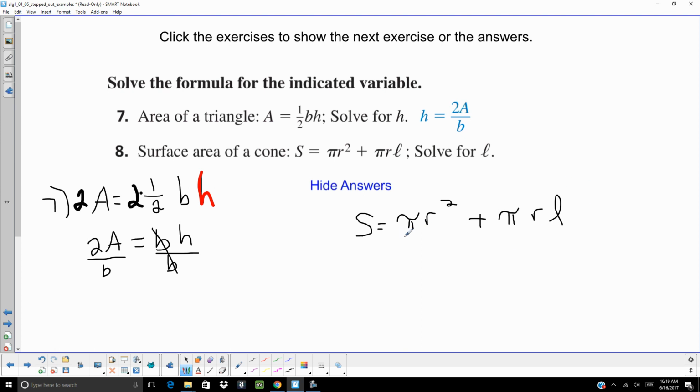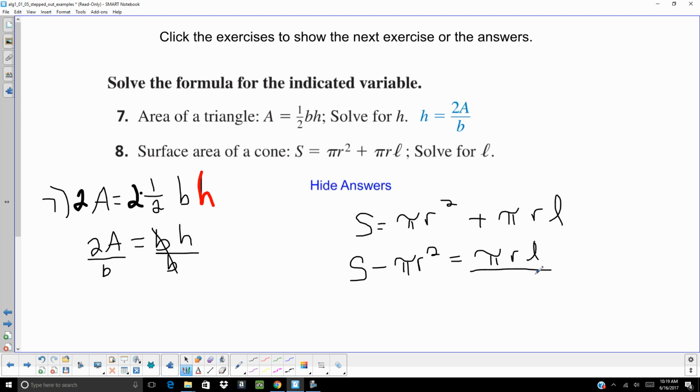So I need to start first by subtracting pi r squared. I'm going to get S minus pi r squared, and I kind of did this one a little bit more mentally, but I subtracted pi r squared from both sides, equals pi r L. Now about this time you need to be asking yourself, what am I going to divide both sides by?